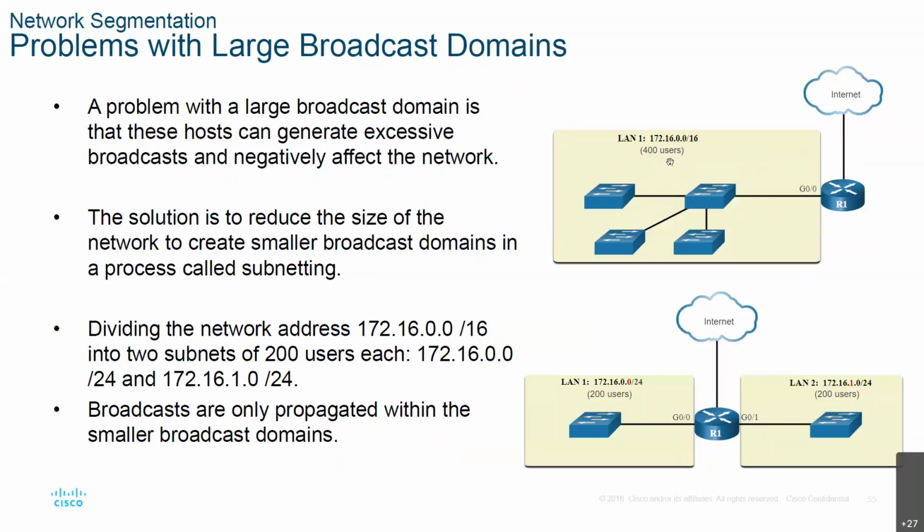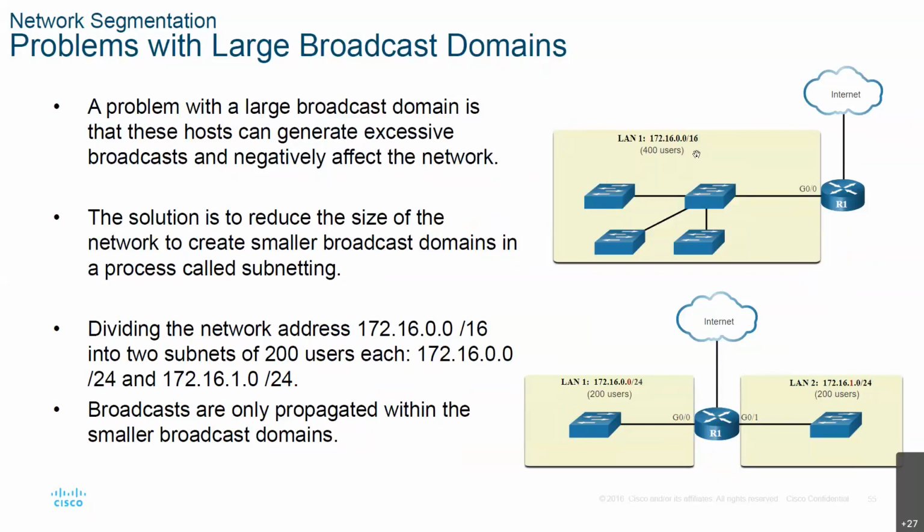Now just imagine you have 400 users, and if you're using a common switch like we have in our lab consisting of 24 ports, how many switches do you need for 400 users? And every switch you add, you are increasing the broadcast domain, correct?